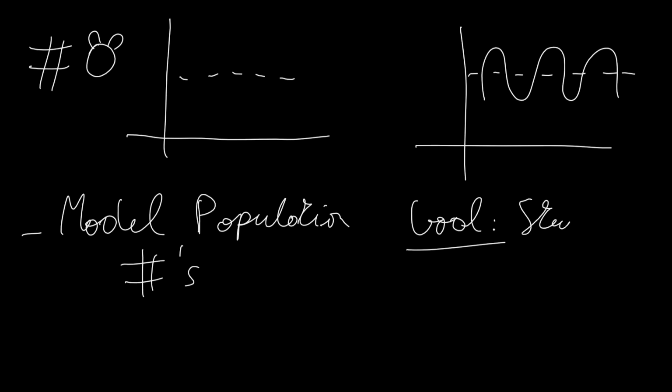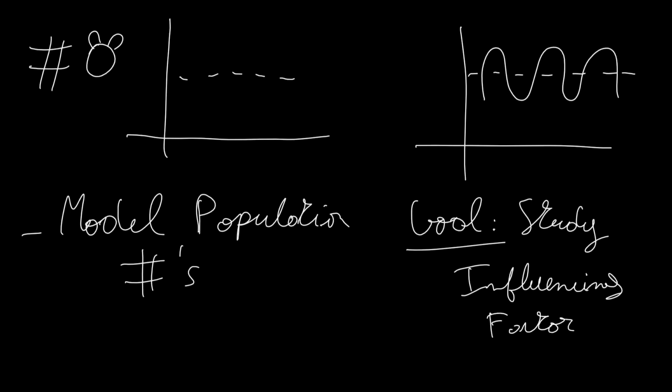So, study influencing factors. Some good things that we can study are predator and prey relations, or even cases of when a certain species is infected with a parasite. So how would that change the population numbers? But we will get to that in due time.